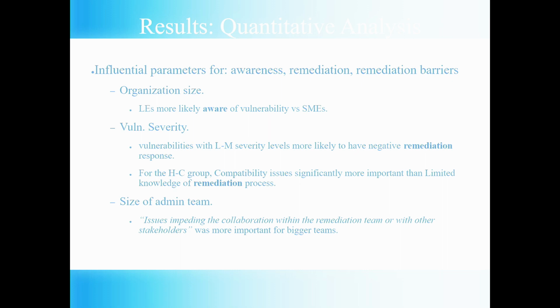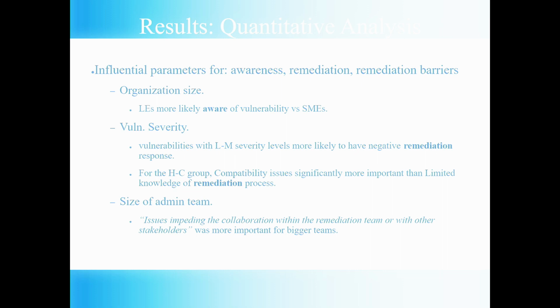Now to the, still in the quantitative analysis, so we have looked at other factors such as awareness, remediation, and remediation plans in relation to the organizational size, vulnerability severity, and size of the remediation team. Some of these factors mattered, like, for example, the organizational size.